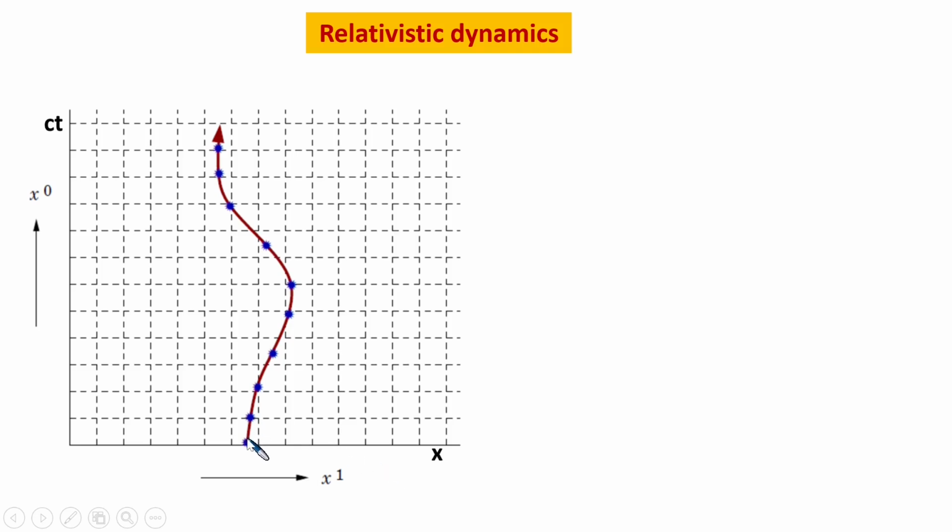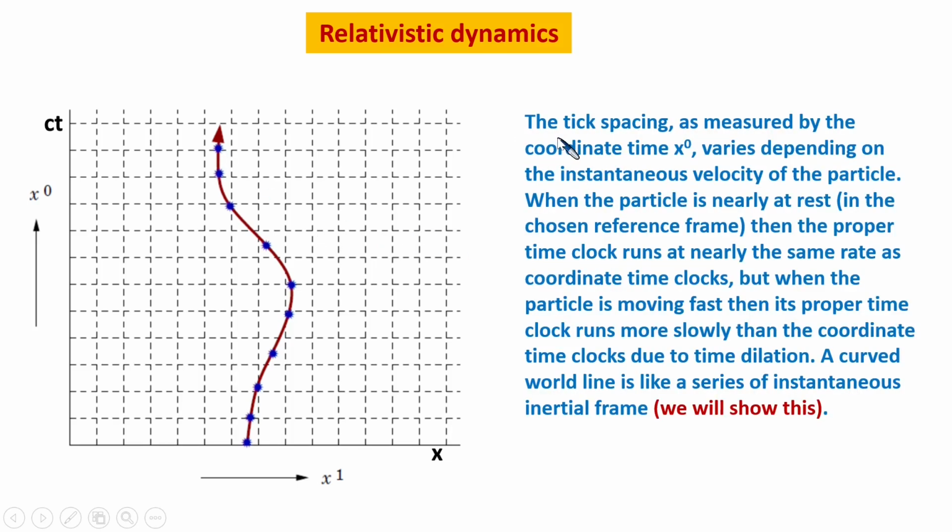Here a particle is moving with different velocities, so your axis will change, and depending on the speed, if it is going at higher speed, then because of time dilation there will be a further separation, and if it is stationary or moving very slowly, then these points will come near. So here, not to miss any point, I have written that tick spacing as measured by the coordinate time x0 varies depending on the instantaneous velocity of the particle. Okay, so this tick spacing will depend on the instantaneous velocity of the particle.